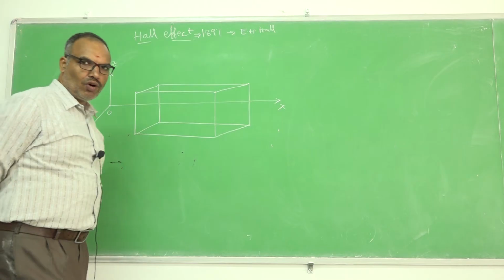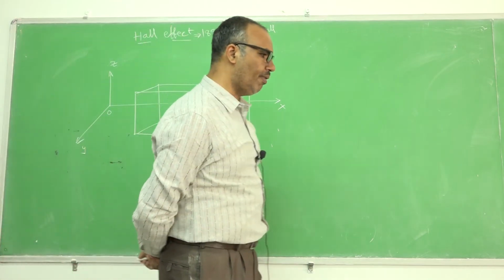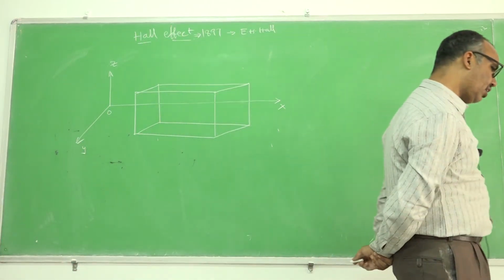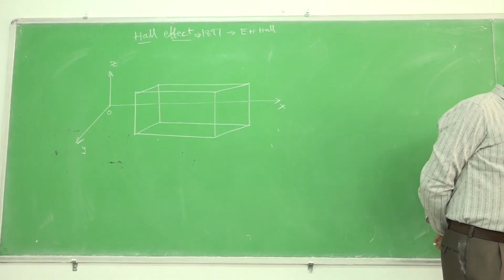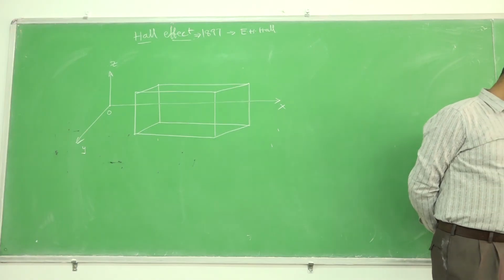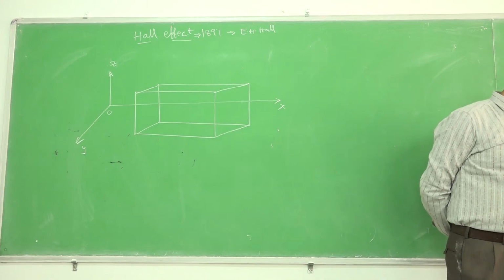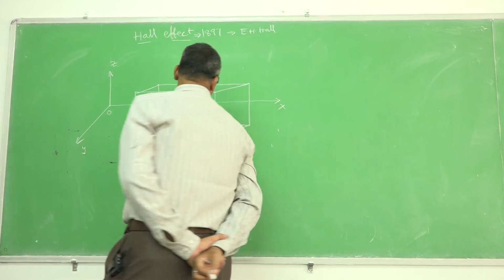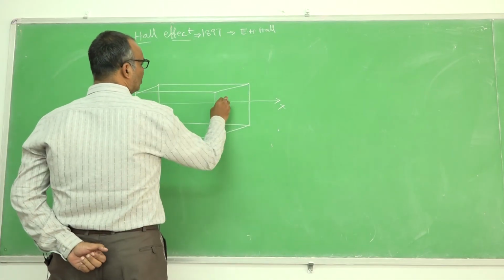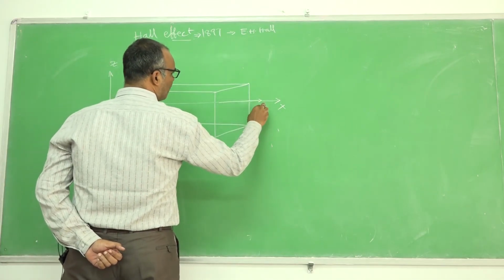Current is flowing in one direction. We should apply the magnetic field perpendicular to the direction of motion of current. Suppose this is the direction of flow of current.